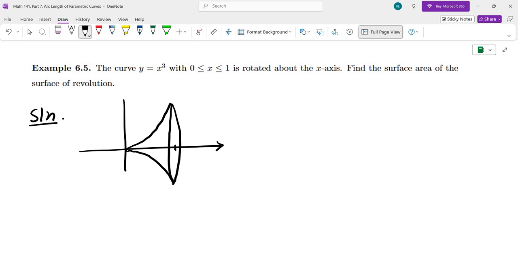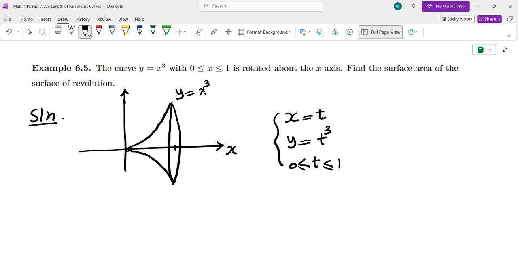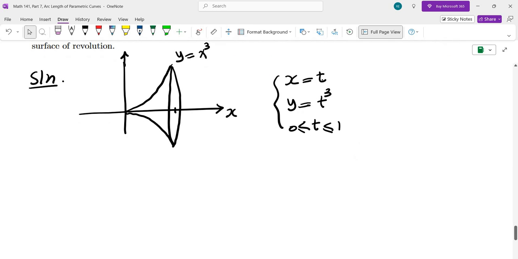What we need to do is multiply circumference by arc length. First we need the parameterization. The parameterization would be x equals t, y equals t cubed, and t ranges from 0 to 1. Any graph of a function can be parameterized using x equals t, y equals f of t.